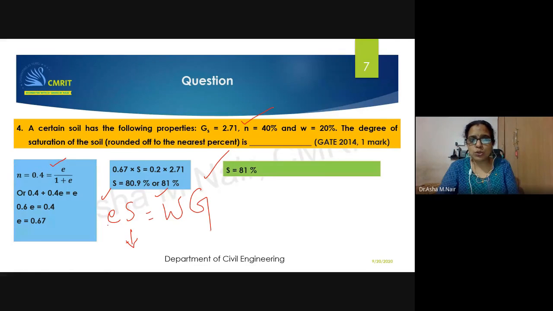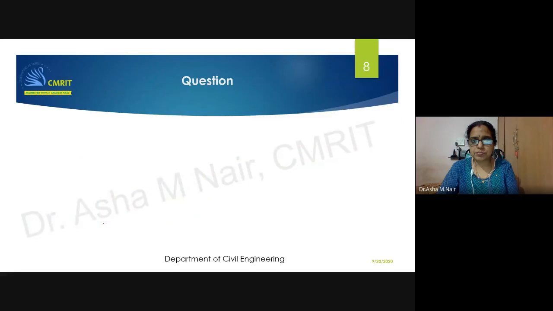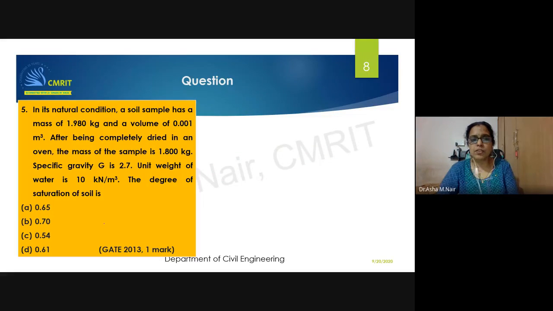Now, let us go to the next question. In its natural condition, the soil has a mass of 1.980 kg and a volume of 0.001 meter cube.